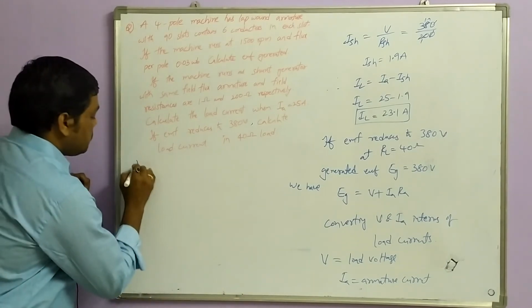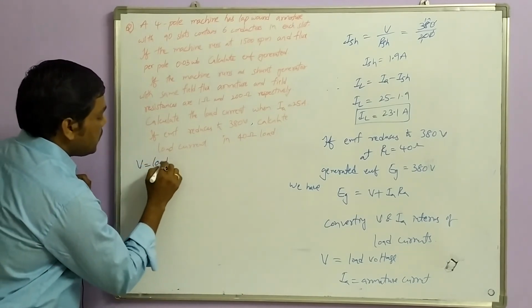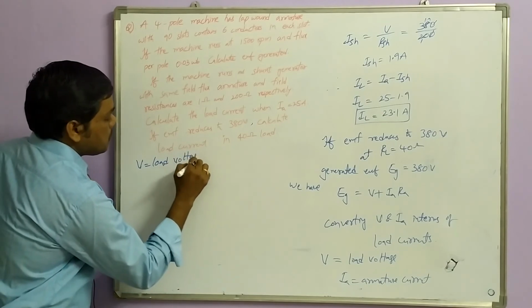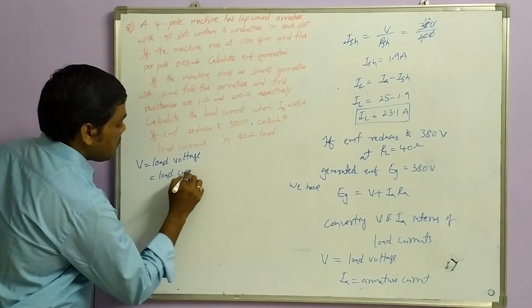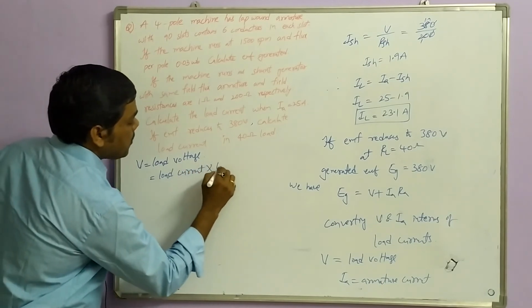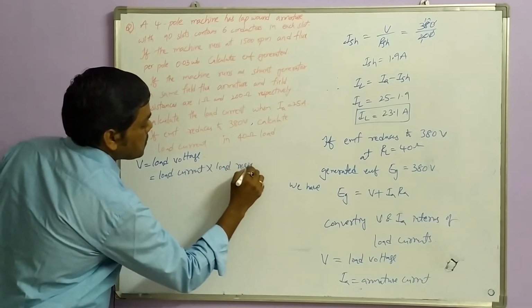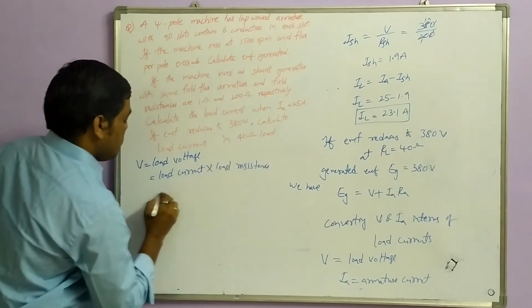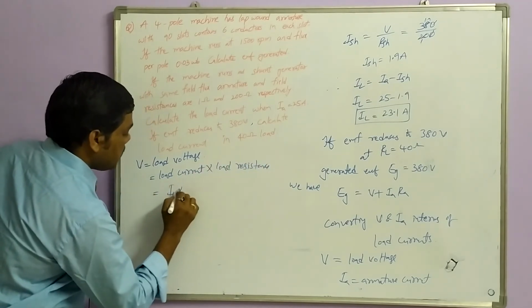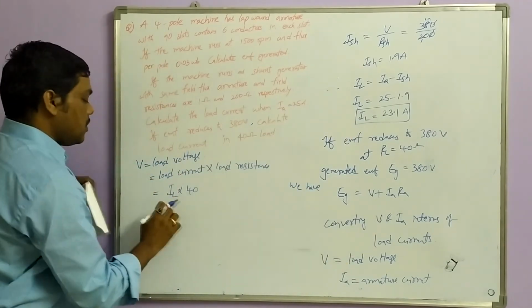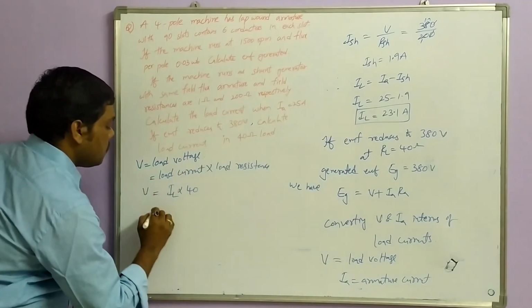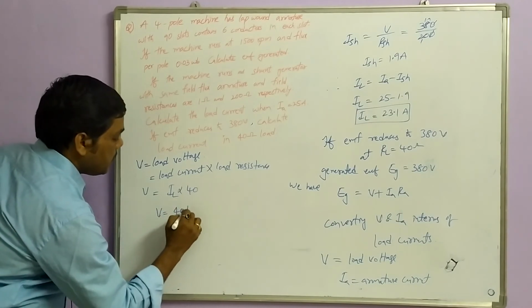Now since V is the load voltage, we can also express as load current multiplied by load resistance. Now load current is IL and load resistance is 40 ohms. It is given. So V is equal to 40 into IL.